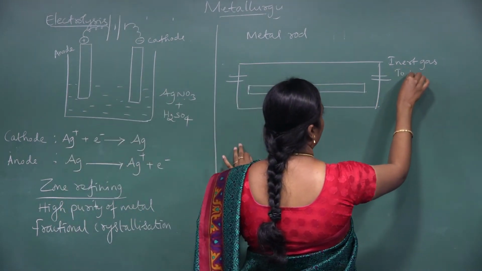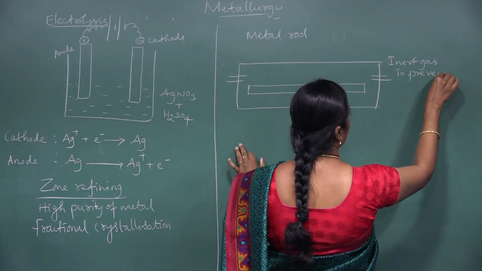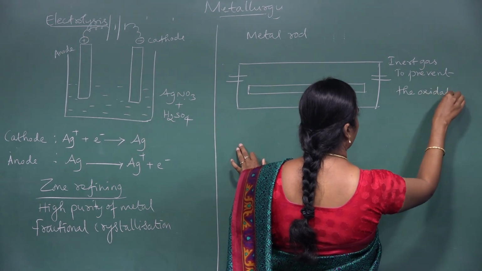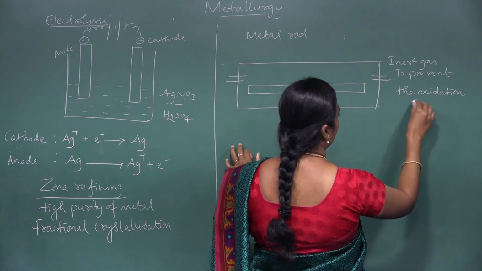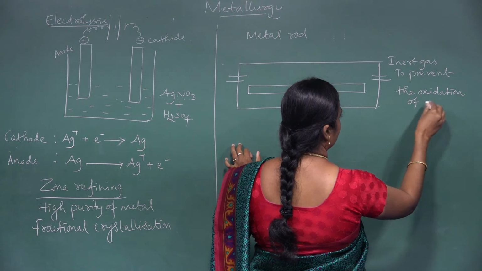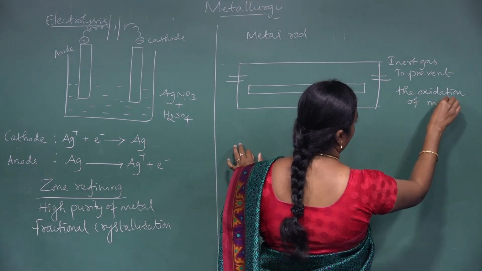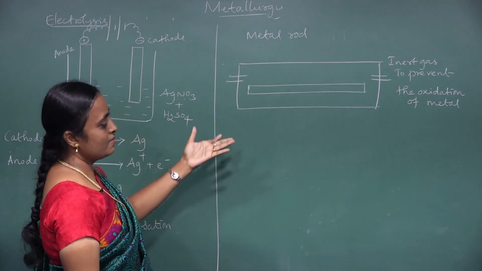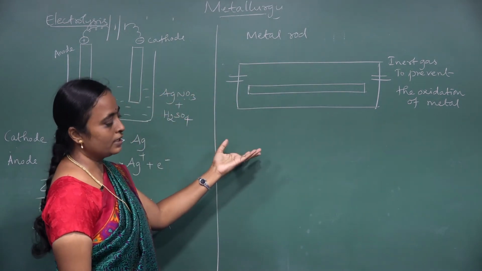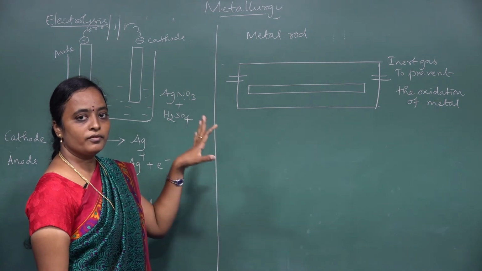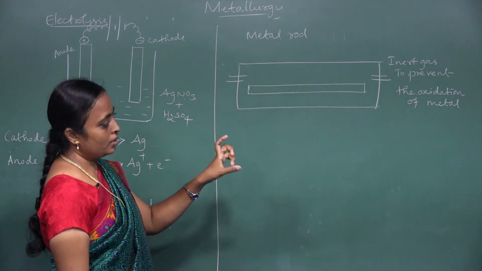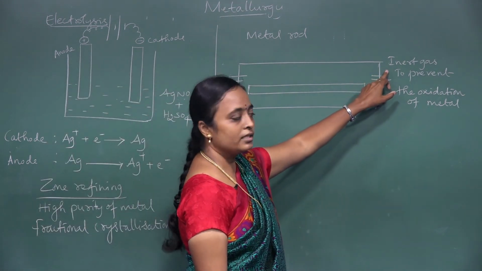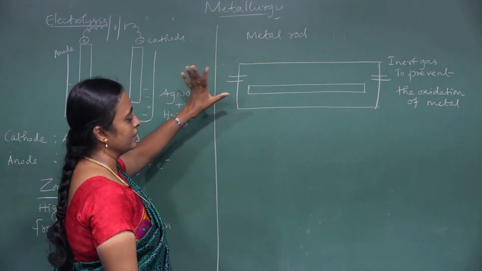To prevent the oxidation of the metal, suppose I am taking zirconium, germanium, or you can take bismuth, any metal that can be purified by zone refining, in order to prevent oxidation of those metals, we circulate the inert gas. This is the apparatus like this.